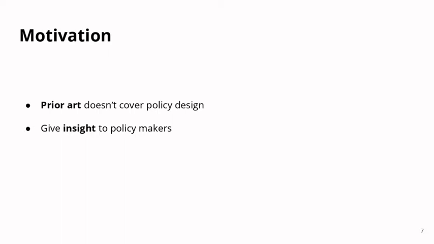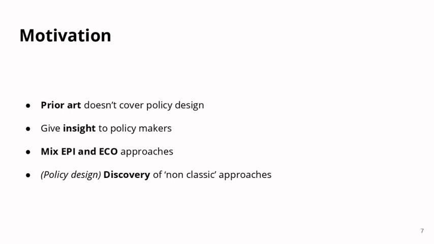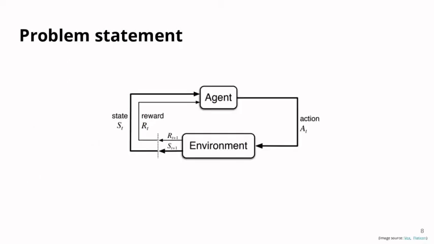And also, with the framework that I present to you, one objective is to give insights to policymakers, mixing, of course, these epidemiological and economic approaches. Once the framework is set, we can grab some algorithm and play with this running world, and discover new non-classical approaches not taken currently by any country.